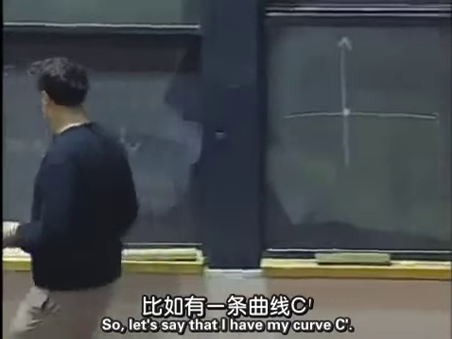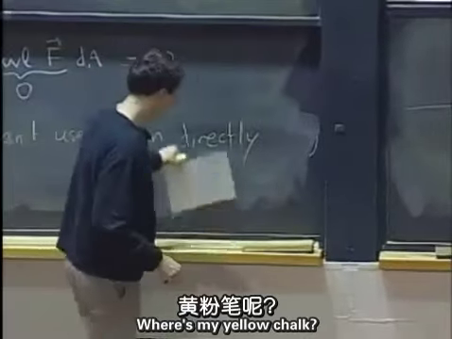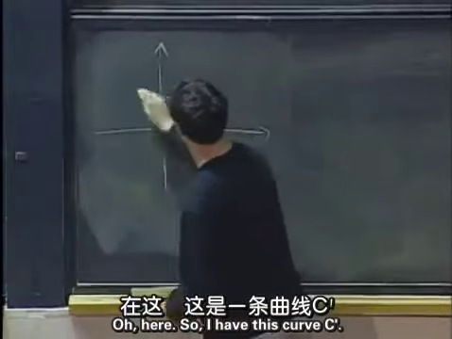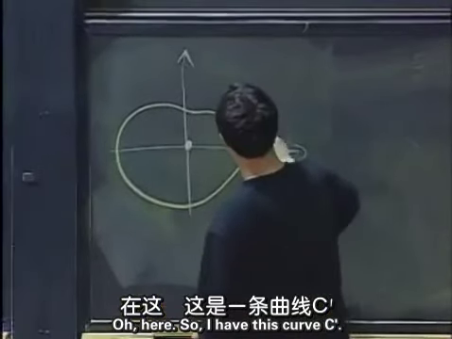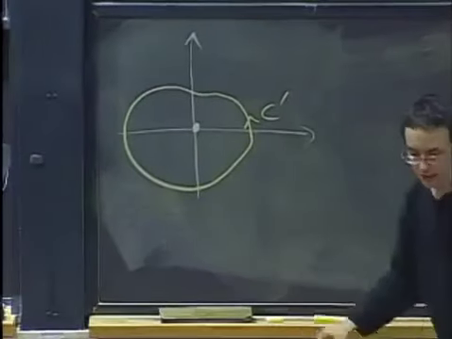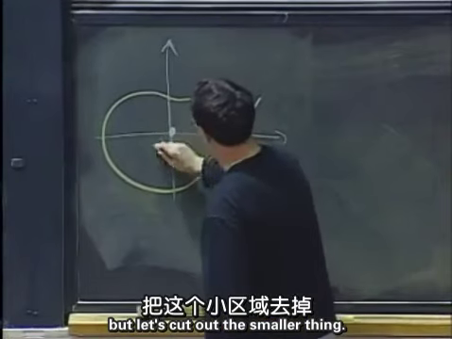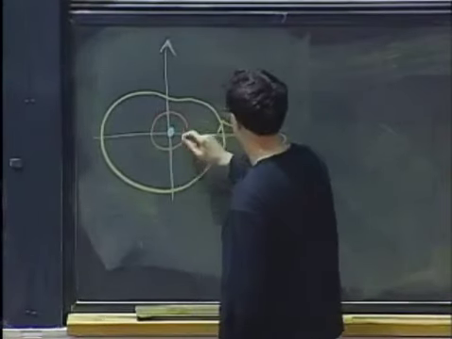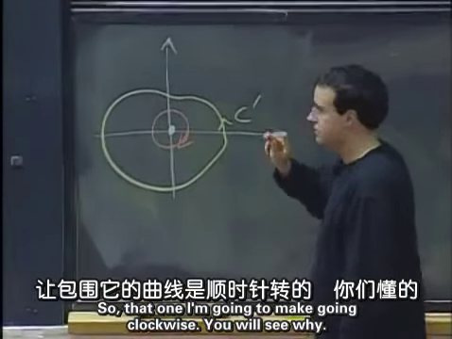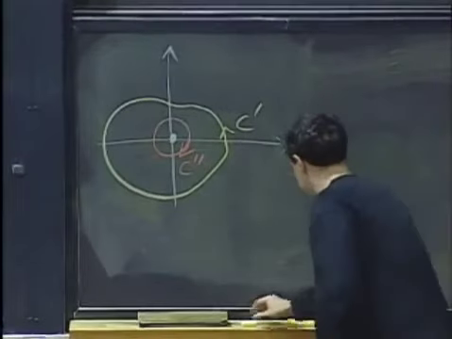So I have this curve C prime, and I can't apply Green's theorem to the region inside it. But let's cut out a smaller curve. So that one I'm going to make going clockwise. You'll see why.